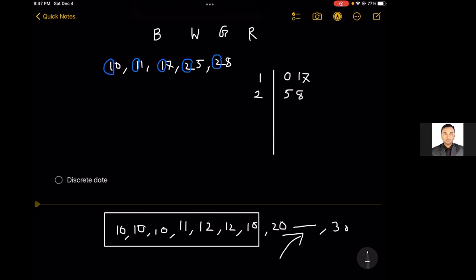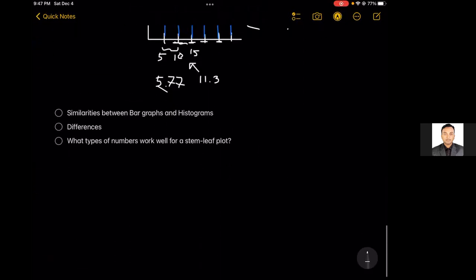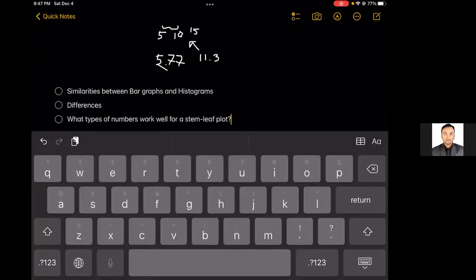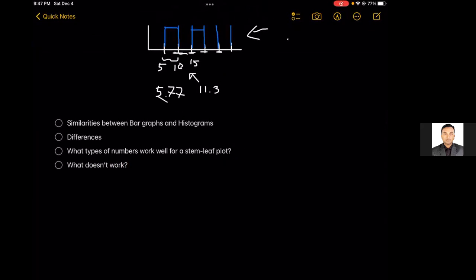Okay. Next question would be, again, we have answered this: what types of numbers do not work well with a stem and leaf plot? Again, it's basically the same answer, just in the opposite direction: it doesn't really work well when the data is not spread out enough.